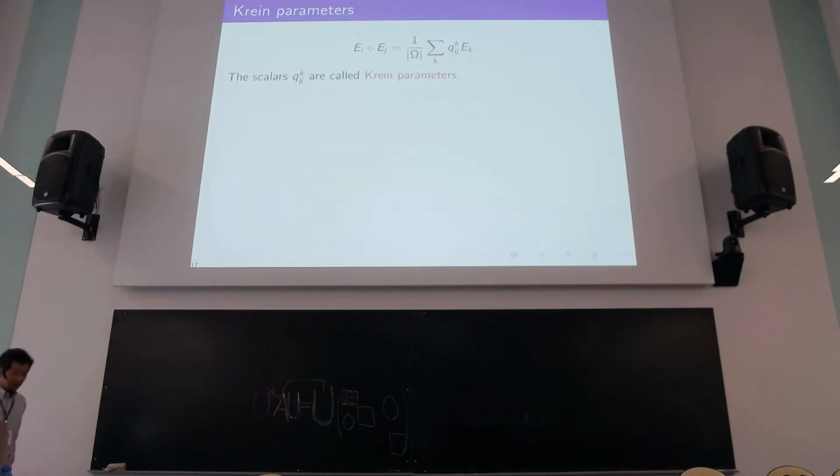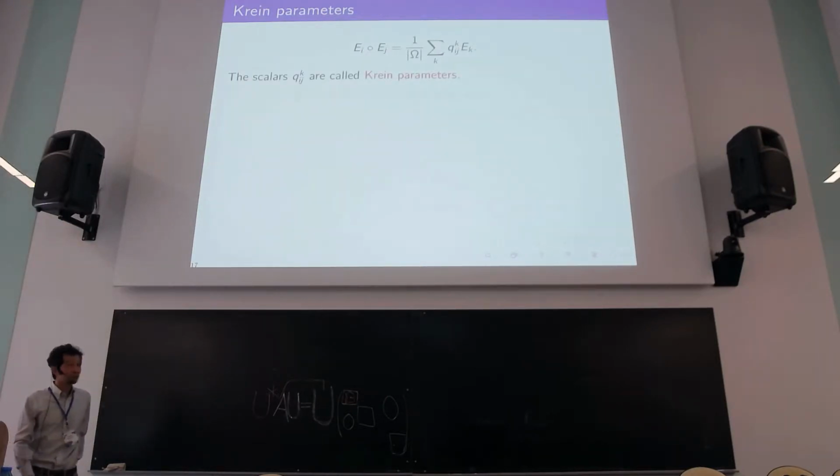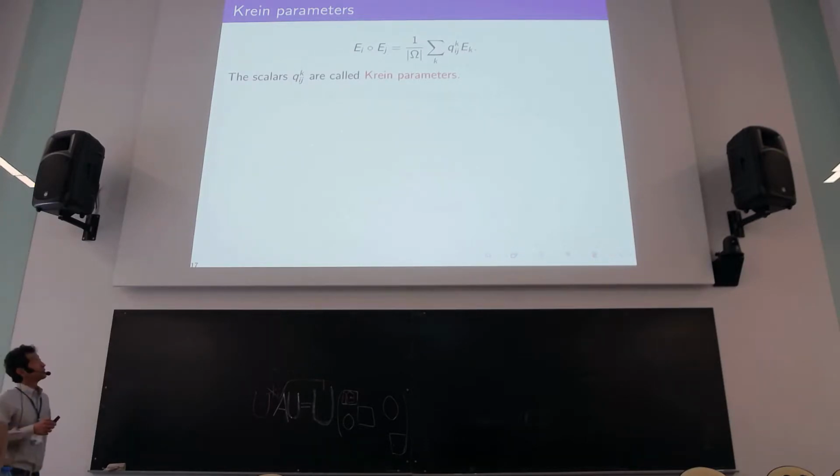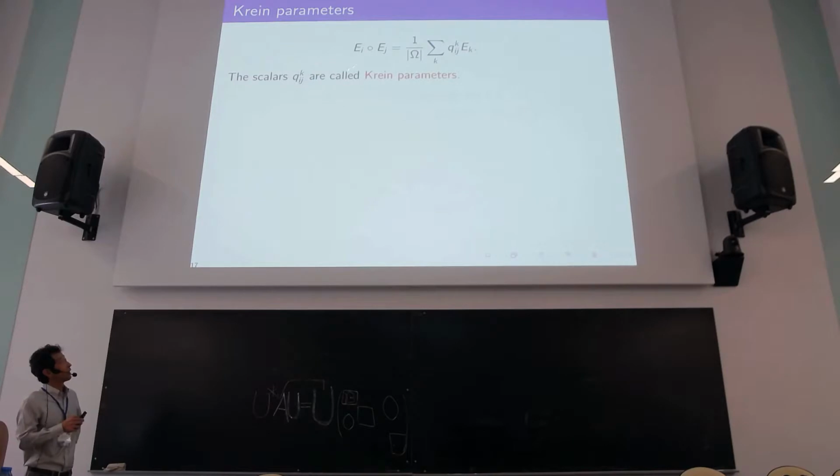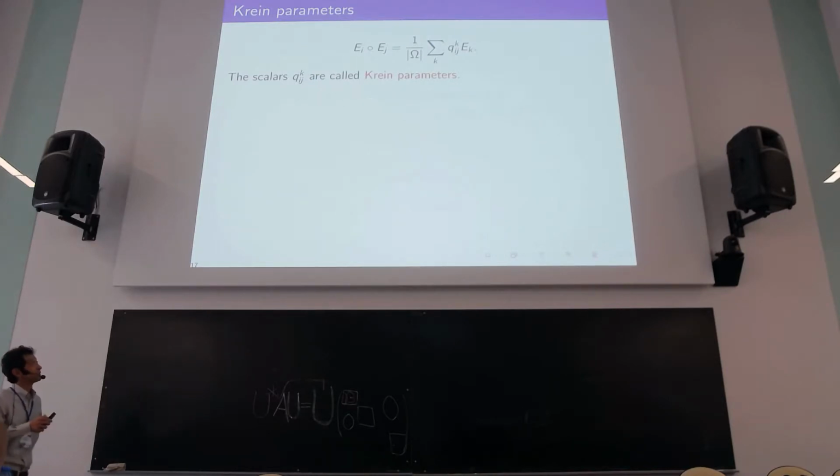So here is the definition of the so-called Krein parameters. As I said, you can express the Schur-Hadamard product of primitive idempotents as a linear combination of primitive idempotents, because the primitive idempotents are a basis of the adjacency algebra, and this belongs to the adjacency algebra. These numbers are called Krein parameters.